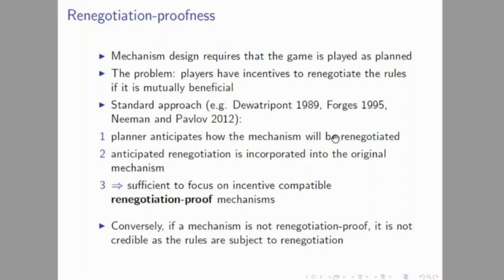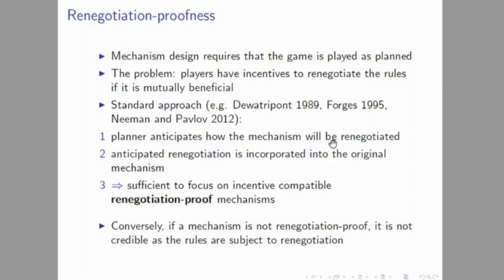So this is not only a practical challenge, but it's also a conceptual challenge to the mechanism design literature. How should we think about mechanisms whose rules can be changed or renegotiated at some later stage of the game?